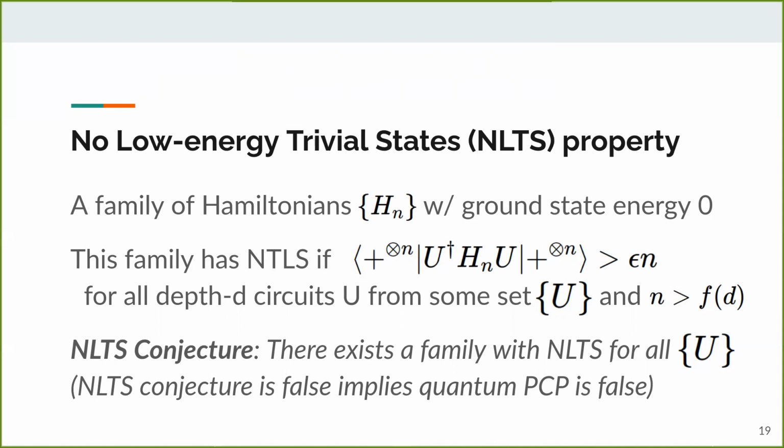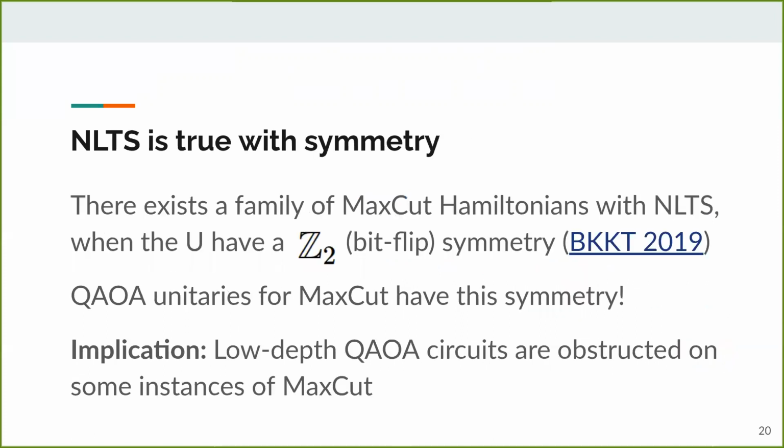There's a quantum PCP theorem that's related to the classical PCP theorem that depends on this conjecture being true, that there is some family of Hamiltonians that has this property. So a lot of people study it and are interested in the general application of this conjecture. It turns out that the NLTS is true if you assume a symmetry.